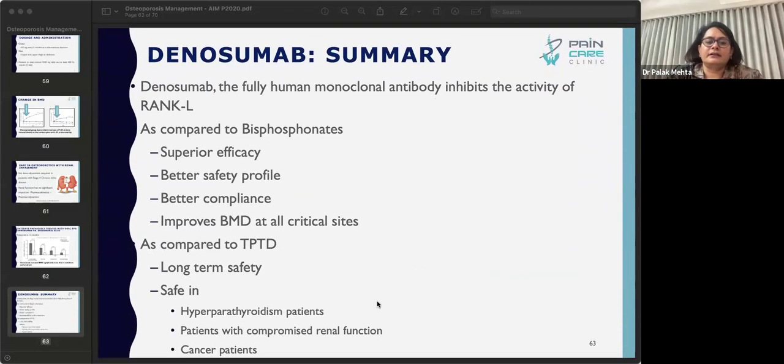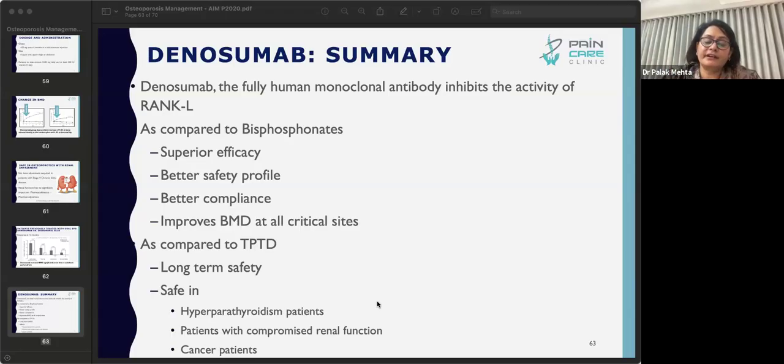So the summary: denosumab is a fully human monoclonal antibody which inhibits the activity of RANK ligand. It is very safe, with good efficacy, a high safety profile for the renal system, good compliance, and improves bone mineral density. It is the only anti-resorptive agent which increases bone mineral density significantly at critical sites.